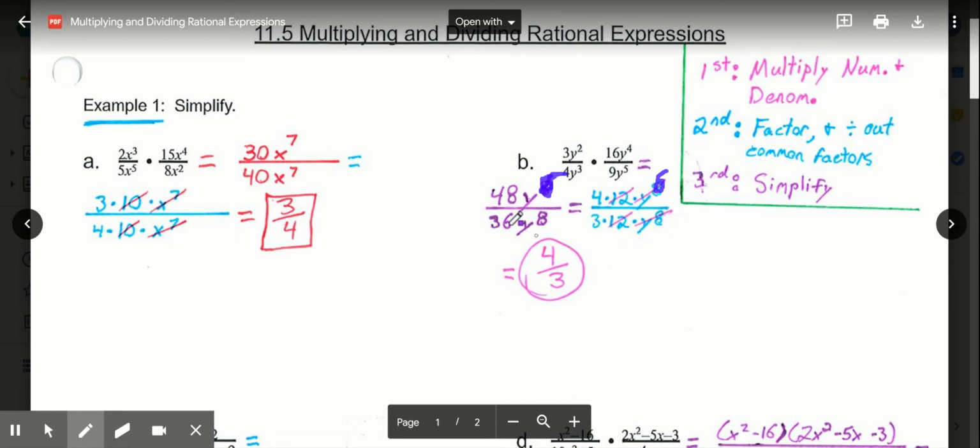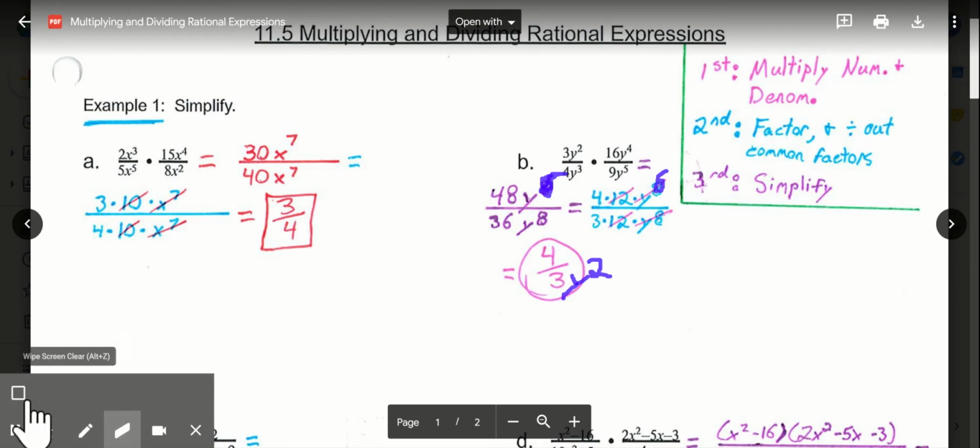If I'm canceling out the 12s and canceling out y to the 6, the bottom is still a y squared, because with the y to the eighth, getting rid of y to the 6 leaves y squared. So that should be 4 over 3y squared.